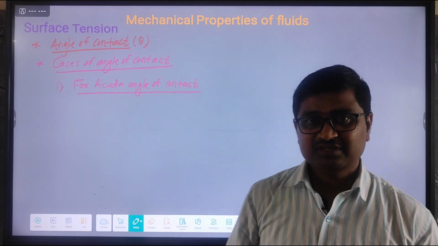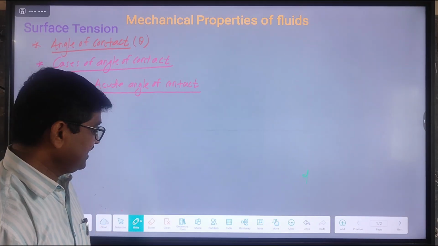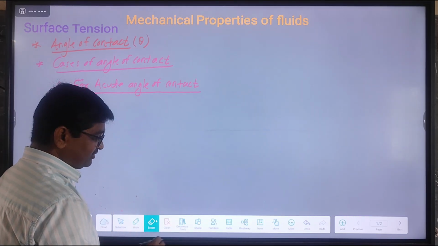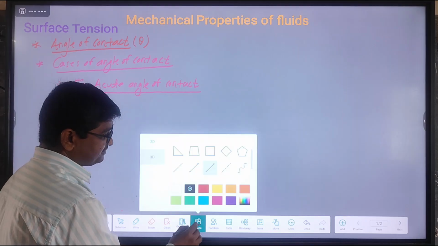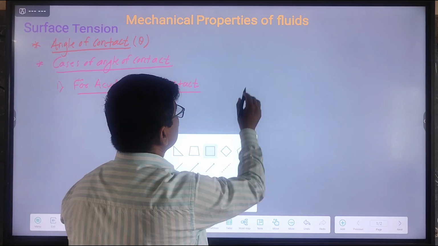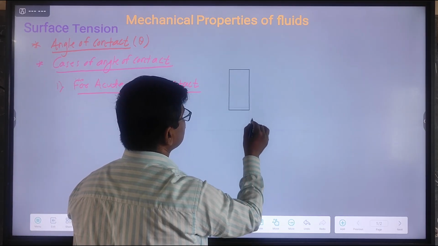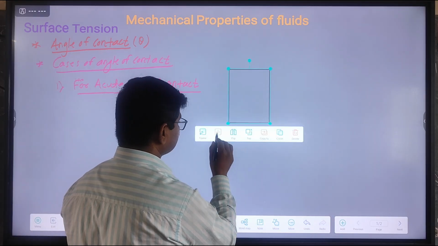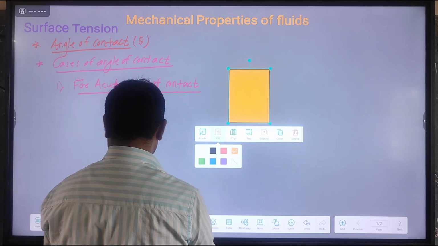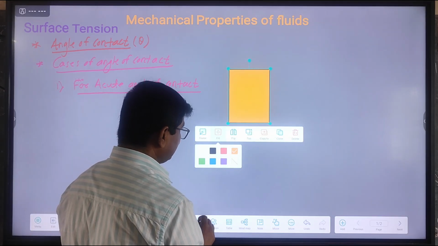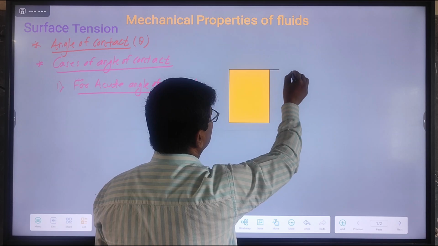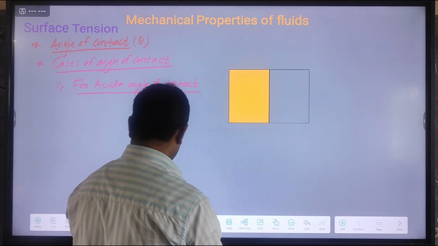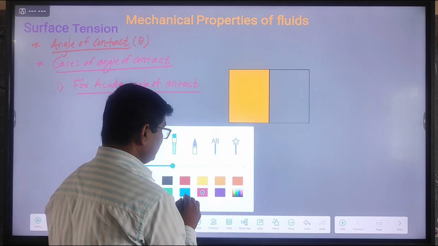So let's discuss the concept of angle of contact when it is acute. We can draw the diagram and with the help of this we discuss it. Now we are given a solid. Imagine that this is the solid, and we take a liquid. This is the second container, and in this container we are given a liquid.